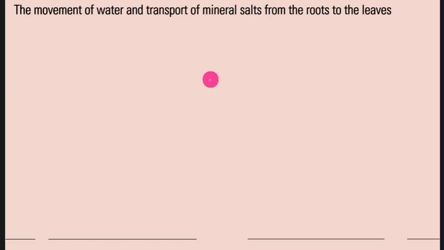Now what happens for these after they have been absorbed? It is now transportation into the leaves. Now also you need to know, that's why we are talking about the movement of water and the transport of mineral salts from the roots to the leaves. So you need to describe this process as well.